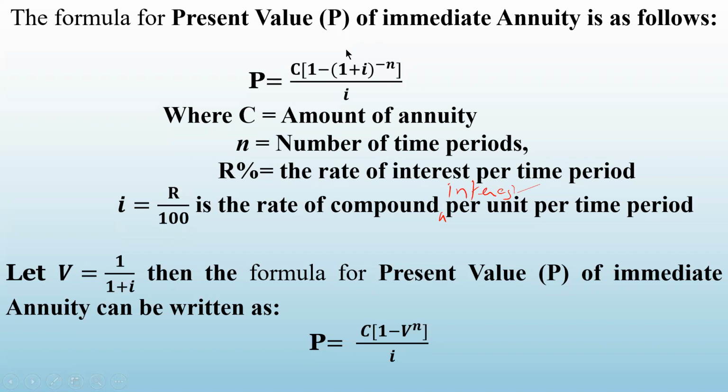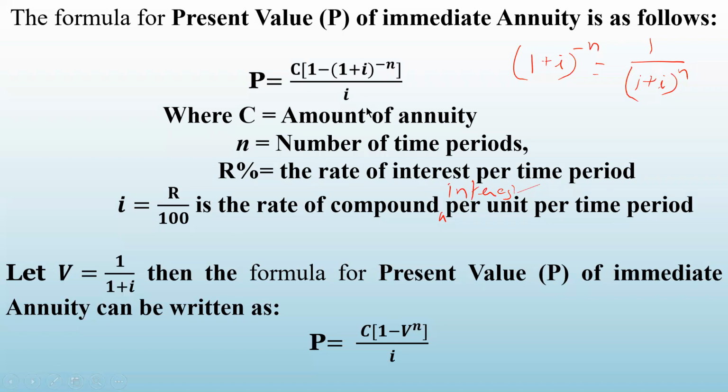Here in this formula, the negative power of 1 plus i is involved. So we convert the negative power into positive power. How? (1 plus i) raised to power minus n is 1 divided by (1 plus i) raised to power n. So to simplify our calculation, we will put v equal to 1 divided by (1 plus i).